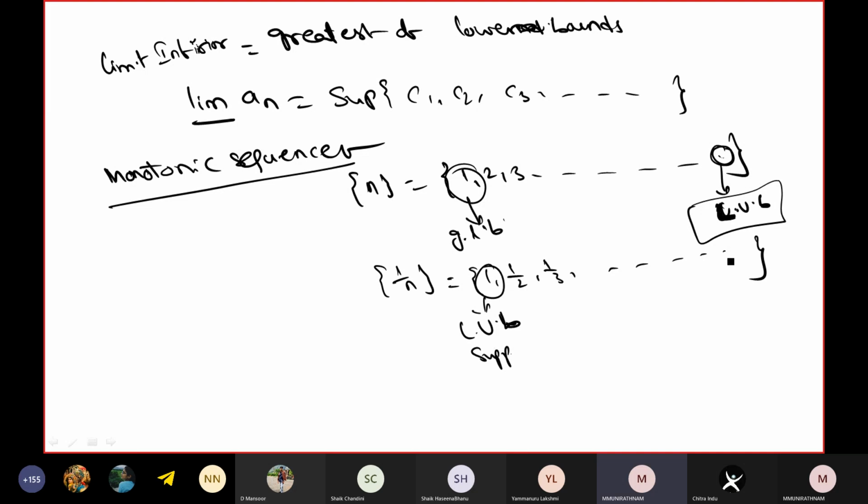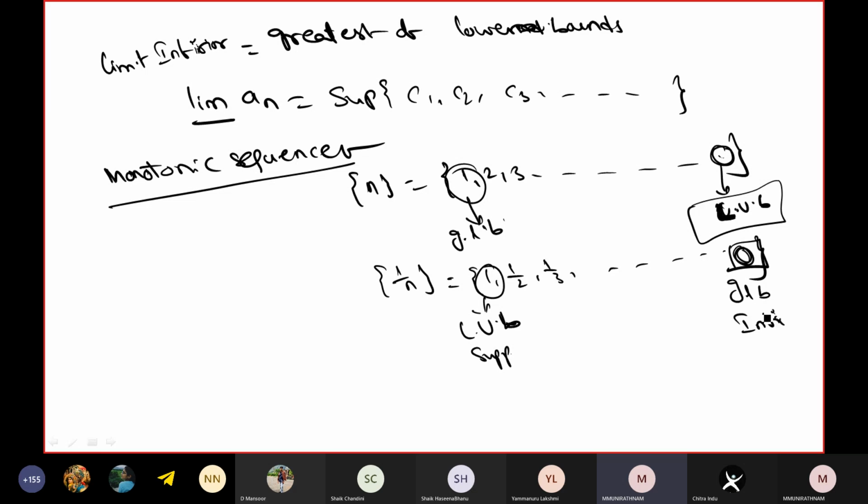So here, the infimum or greatest lower bound will exist. Here 0 is the greatest lower bound or infimum.